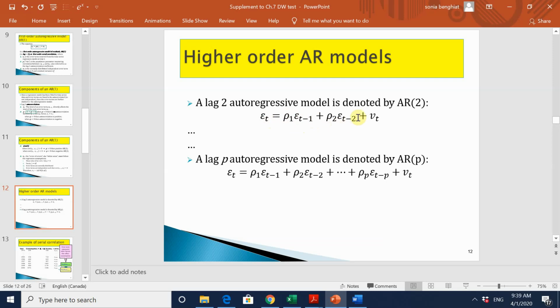So it goes back as far as 2 time periods over here. And the same applies when we're looking at autoregressive models of error terms of order p. So here, epsilon of t goes back as far as epsilon of t minus p.